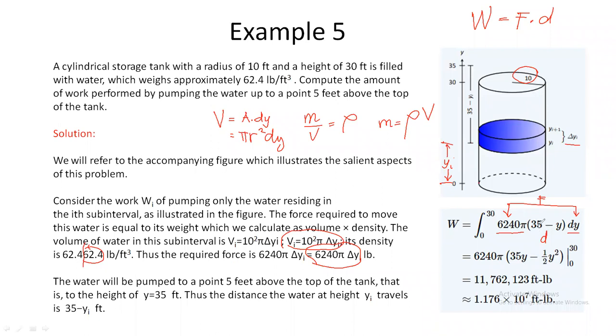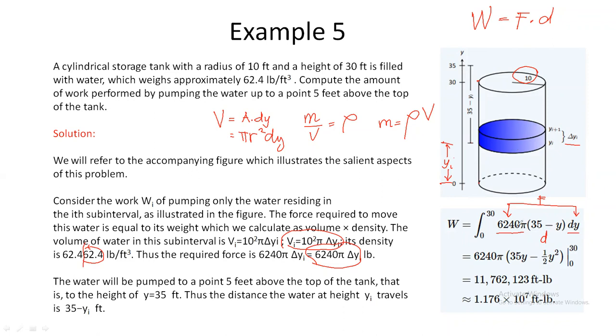It is the distance that is being traveled by the differential volume of water that reaches up to 35. Take note, this is the common mistake of my students before: instead of writing the limit 0 to 30, they will write 0 to 35. No. The y here represents the location of that particular differential volume of water, yi. It will not exceed 30 because your tank is only 30 feet in height.